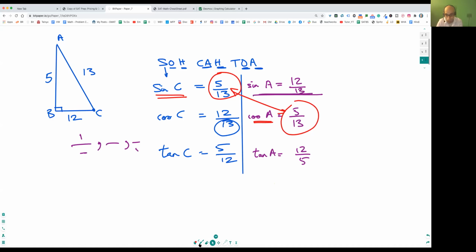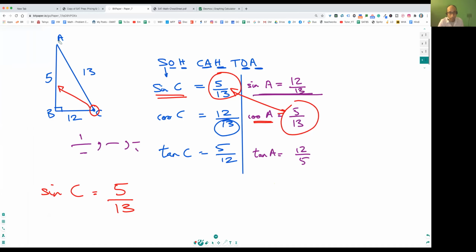Just think about it, because there are some problems that have appeared in the test that are just like this. So you've got this C guy here. Now, the opposite of this guy is this, and of course the hypotenuse is always the hypotenuse. So the sine of C is going to be 5 over 13.